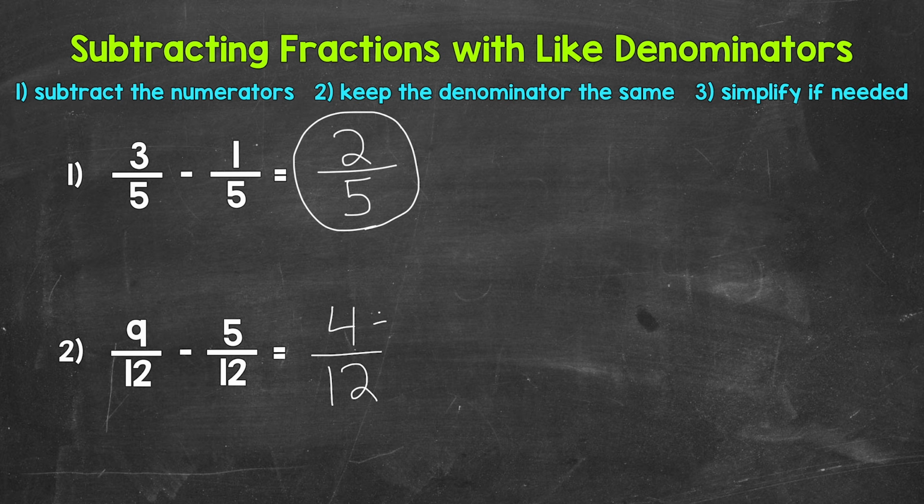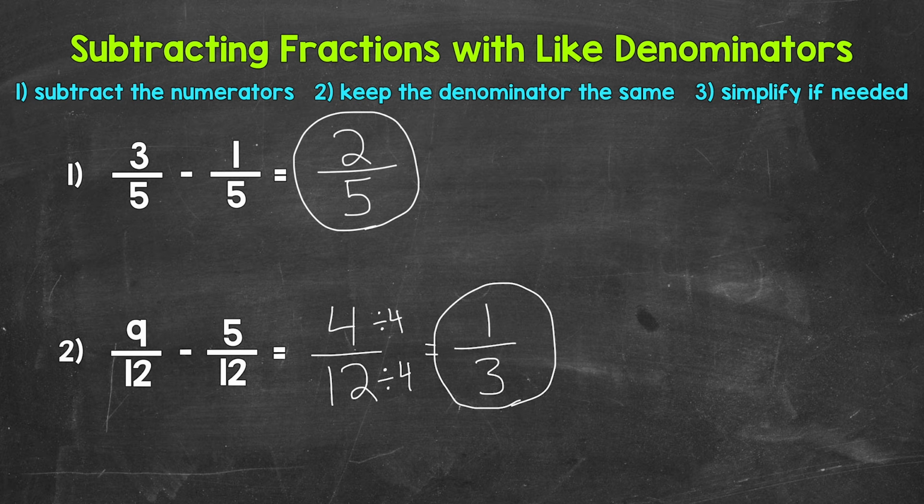So let's divide 4 by 4 and 12 by 4. 4 divided by 4 gives us 1, and 12 divided by 4 gives us 3. So we get 1/3. The only common factor between 1 and 3 is 1, so we are done here. This is in simplest form now. So our final simplified answer is 1/3.